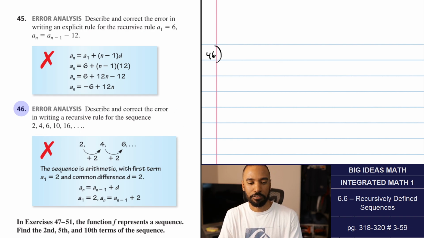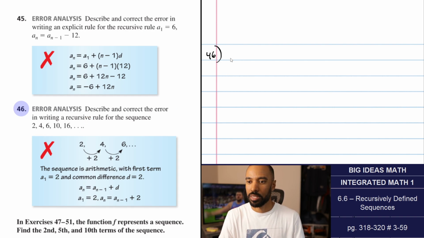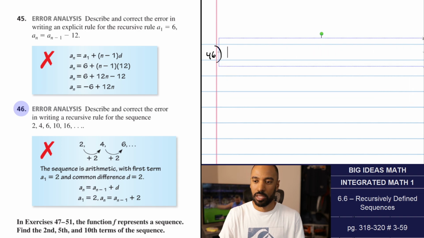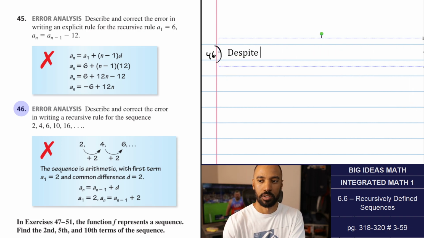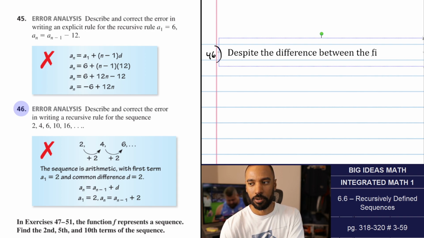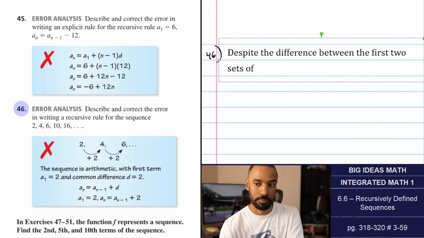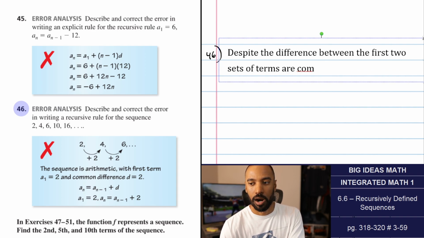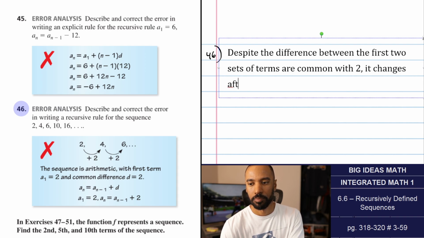So they're adding a different set from before. So this is not an arithmetic sequence. Despite the first two, the difference between the first two sets of terms is common with 2. It changes afterward. This is a special case.